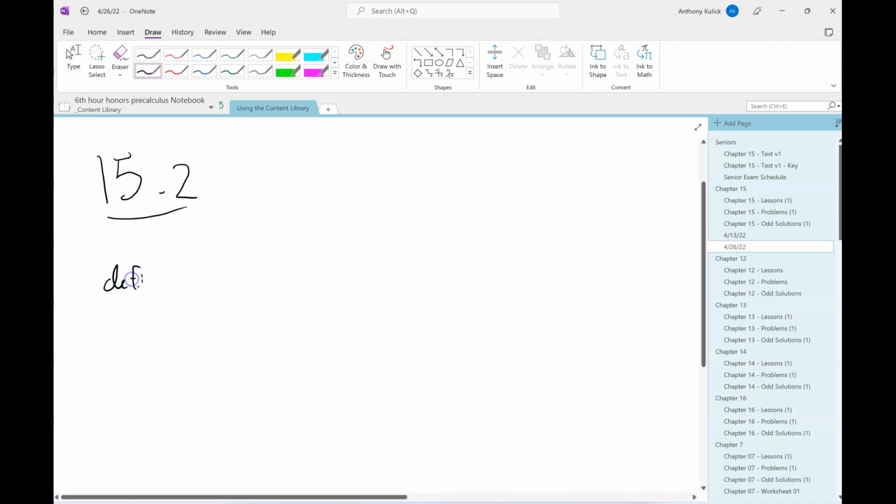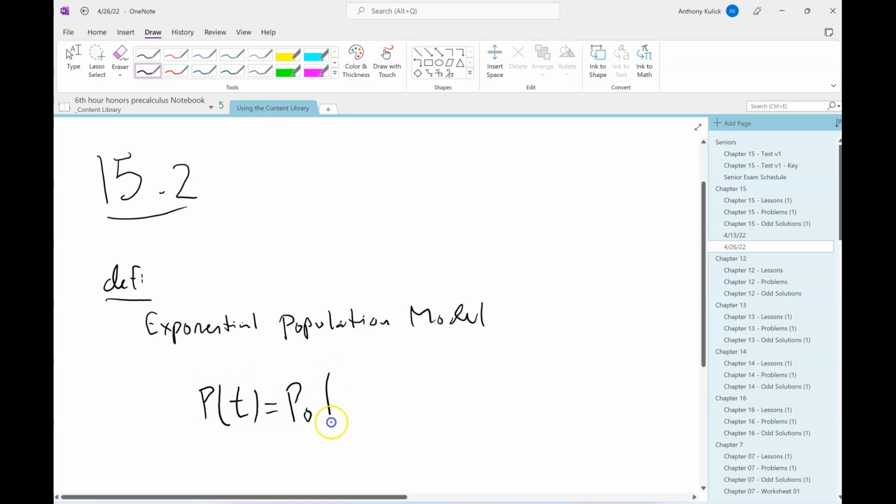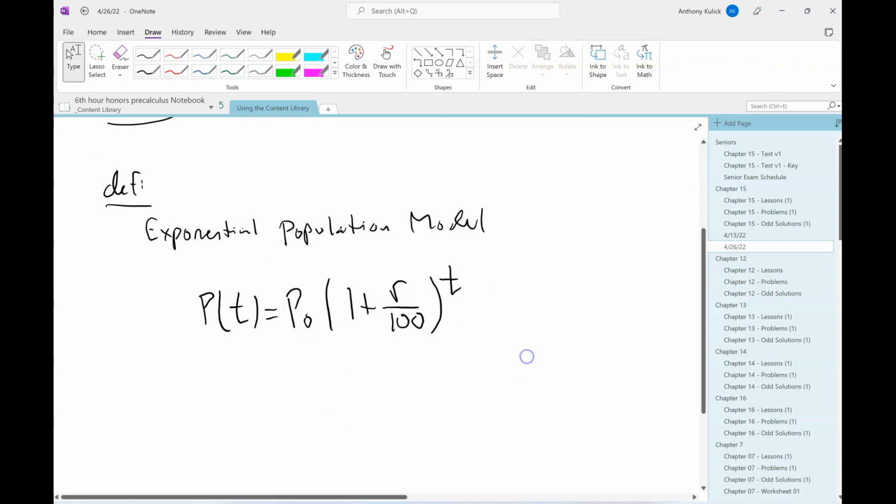One application for exponential functions is using them to model population. The model that we'll use to describe exponential population is the exponential population model: P of t equals P naught times (1 plus r over 100) to the t.